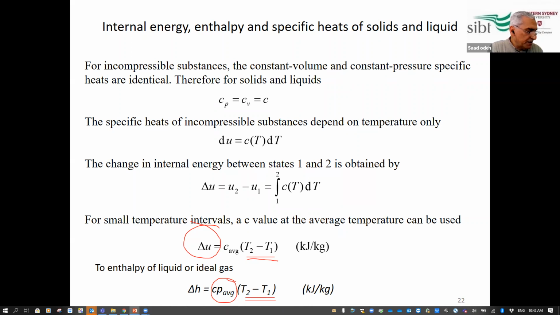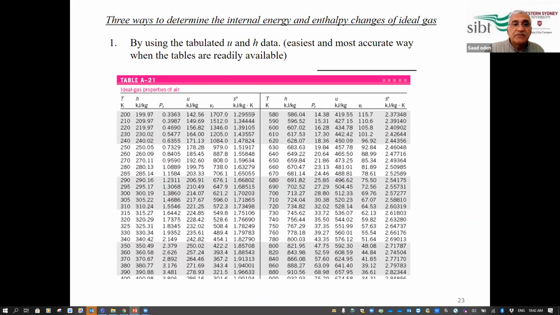All right. So as a conclusion, now we actually have three methods to determine the internal energy and enthalpy of an ideal gas.